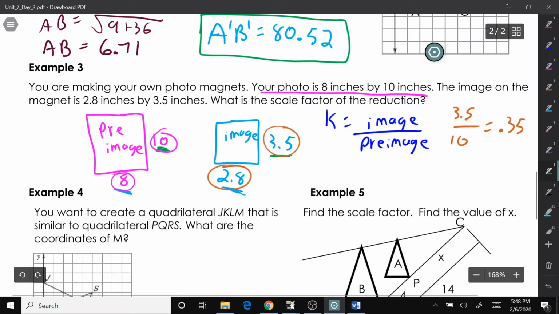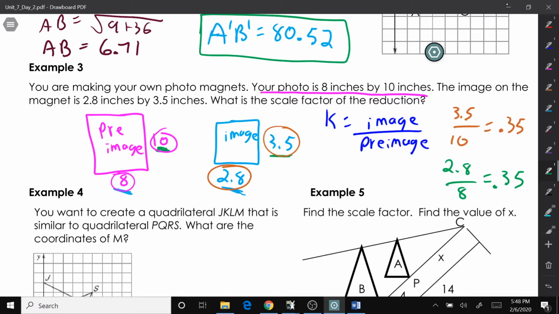Or you could have also done 2.8 divided by 8, and that also gives us 0.35. So regardless of what we use, we get the same answer as long as you use the corresponding part. 2.8 corresponded with 8, and 3.5 corresponded with 10. As long as you kept those straight, you'll be in good shape.